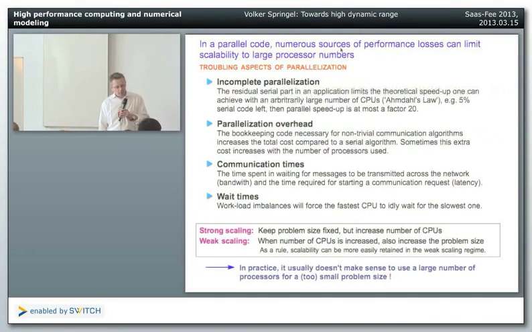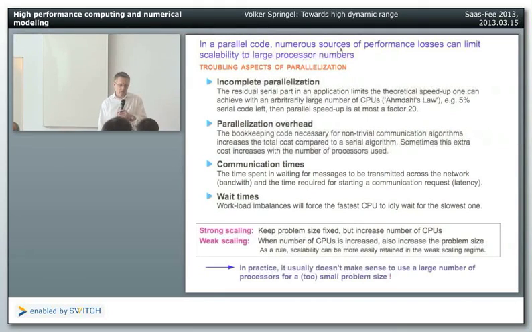When you are asked to write a computer time proposal, the computer centers will ask you to provide scaling plots of some kind. And one can distinguish between two regimes. One is called strong scaling, and that's the hardest demand that you can put on a code.